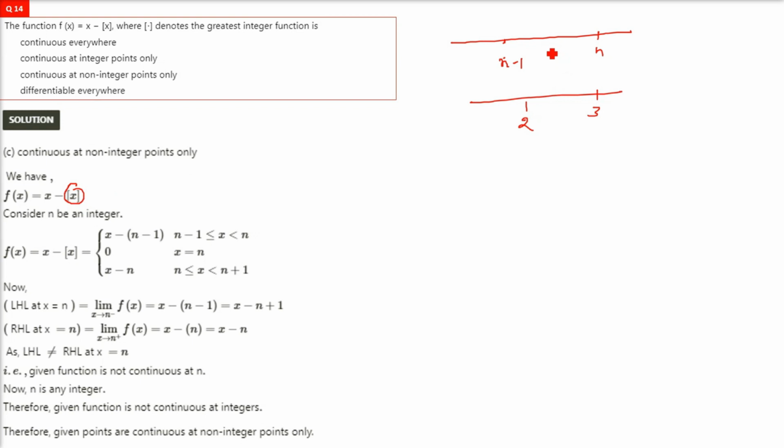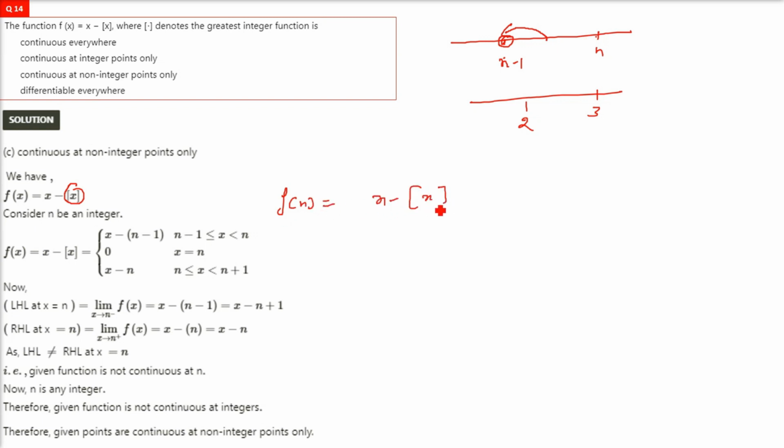If you are between n minus 1 and n, where n minus 1 is included and n is not included, say between 2 and 2.999 something, you will always get 2.